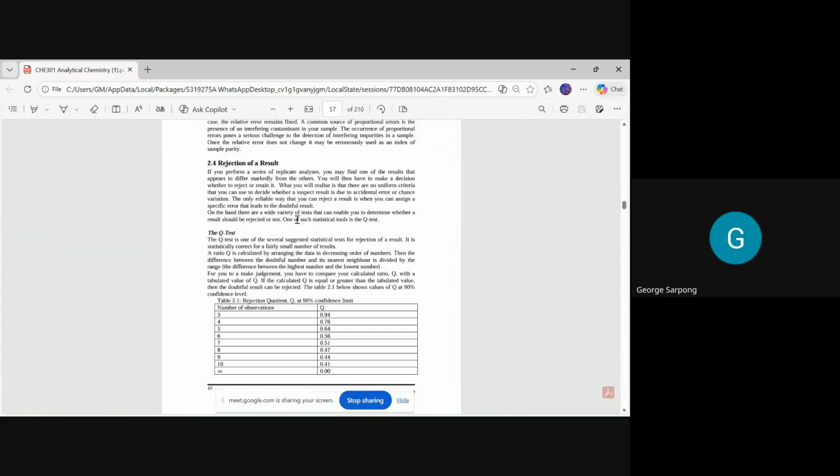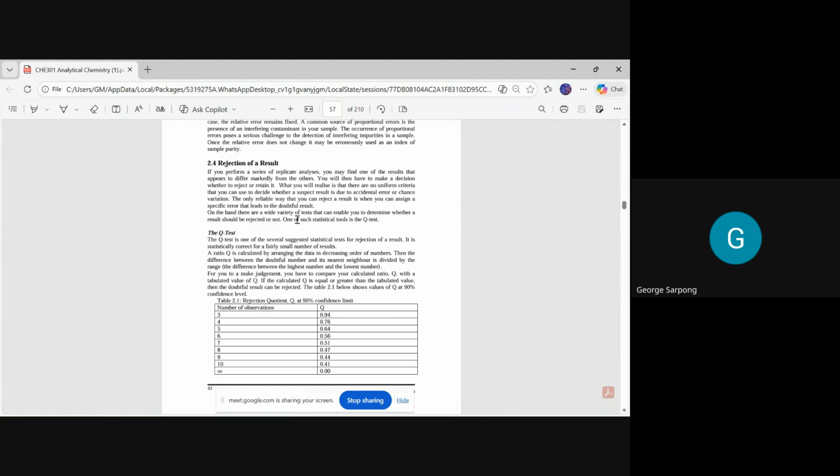There are no uniform criteria that you can use to decide whether a suspect result is due to accidental error or chance variation. The only reliable way that you can reject a result is when you can assign a specific error that leads to the doubtful result.